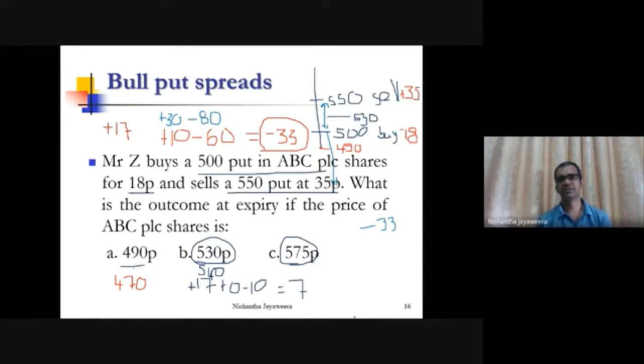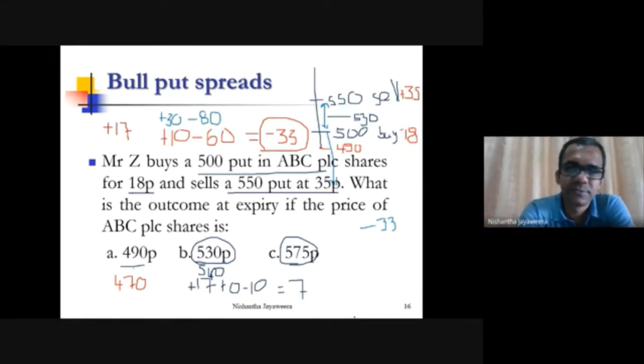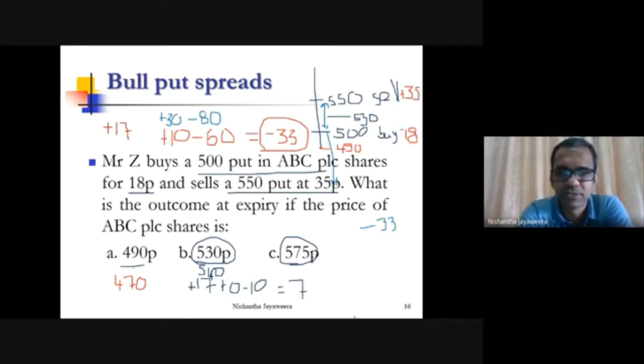Will you exercise your right? Yes or no? No, sir. No. Why? The market price is higher than the strike price.